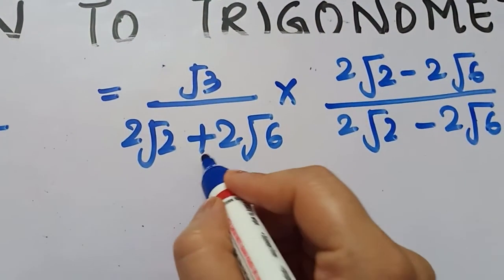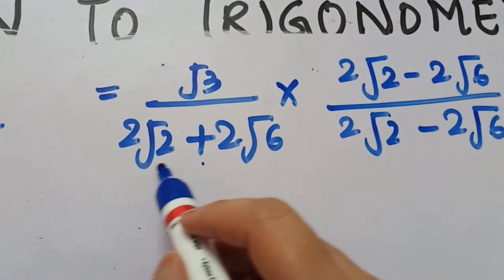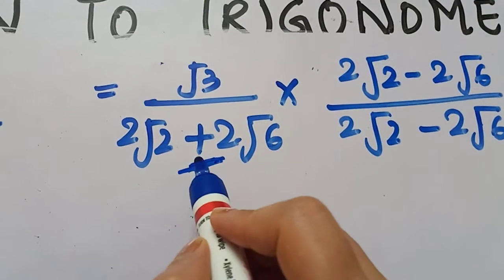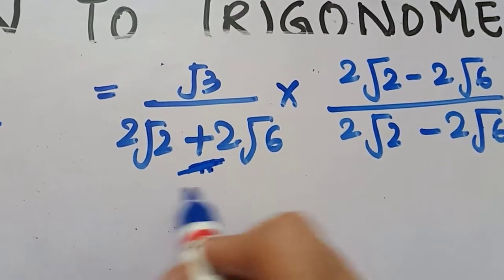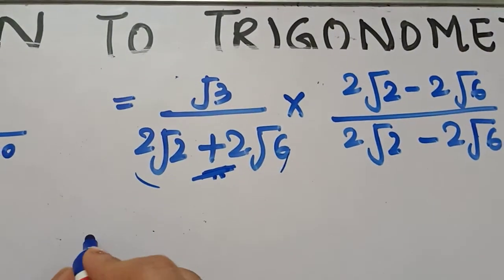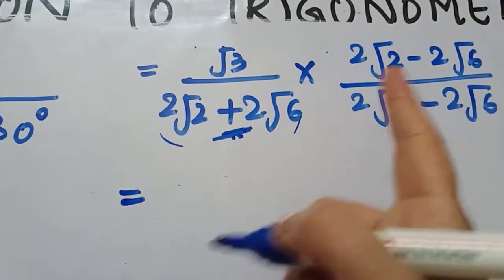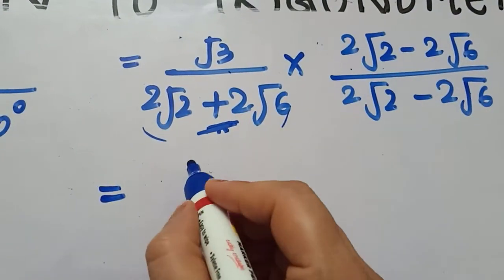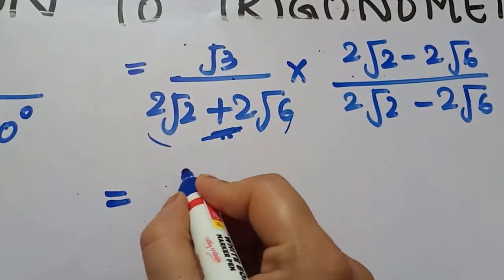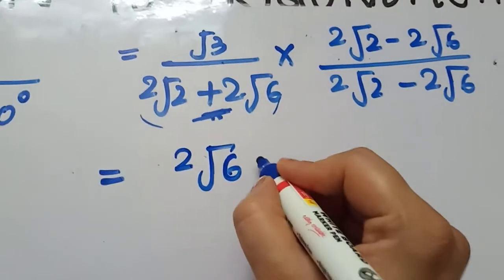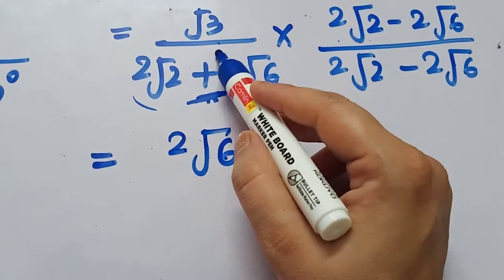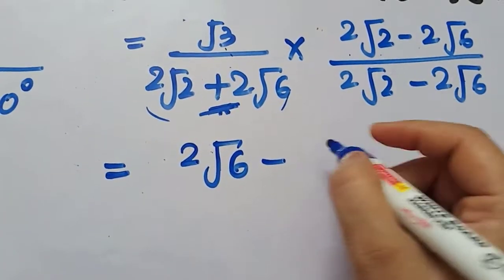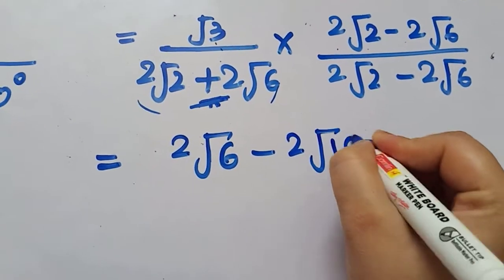You know that for rationalizing, the term will remain the same, but we only change the sign of this expression. Now multiply this by root 3. We will get 3 multiplied by 2 root 2, which gives 2 root 6, and from here 2 multiplied by minus 2 root 6, we will get 2 root 18.